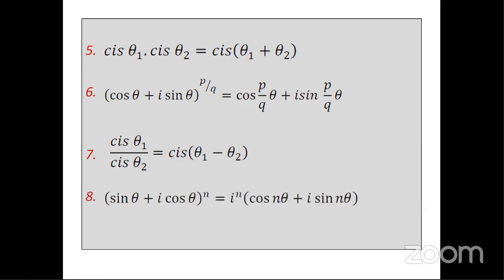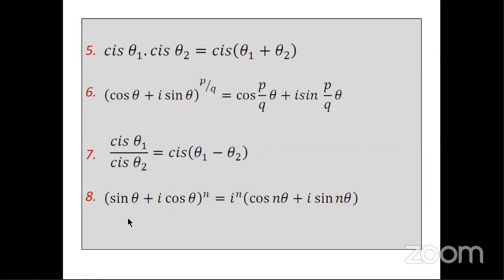Then sin theta plus i cos theta whole power n is equal to i power n into cos n theta plus i sin n theta. Now we'll try to see what exactly is this, children. Whenever we were representing a complex number, the complex number is always taken in the form of cos theta plus i sin theta.